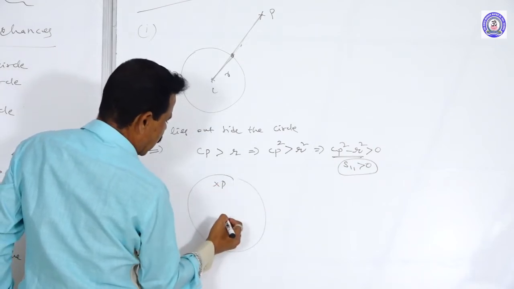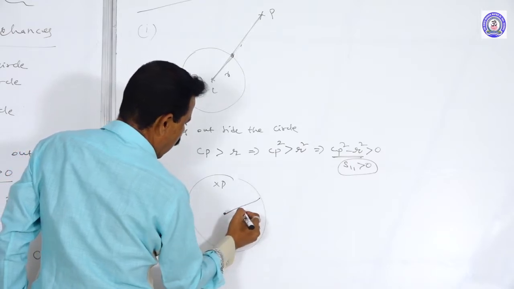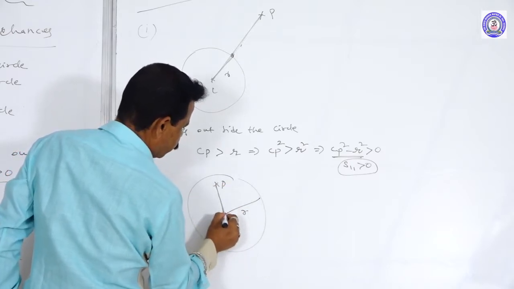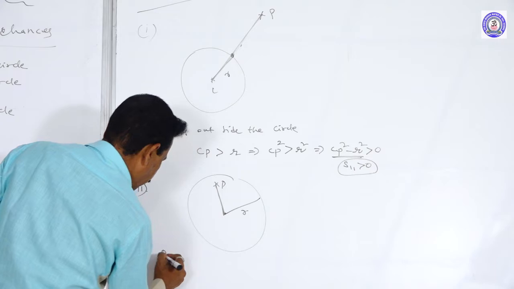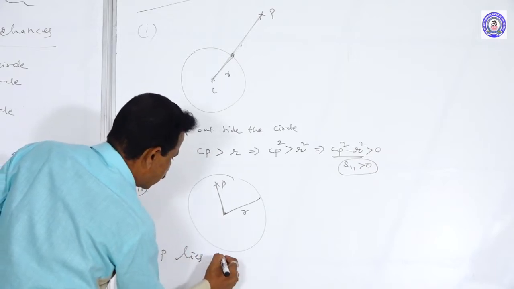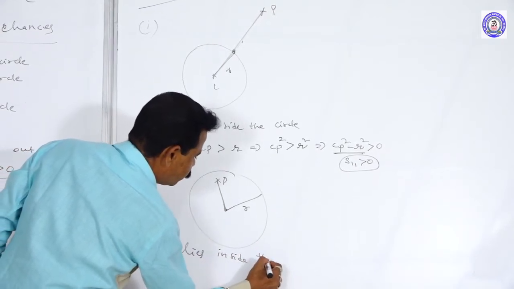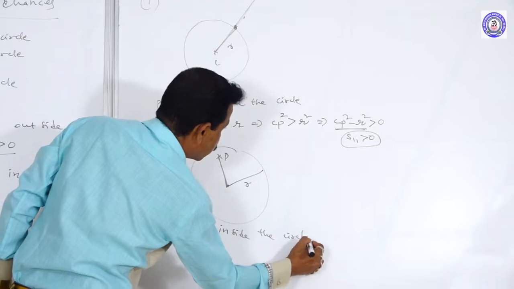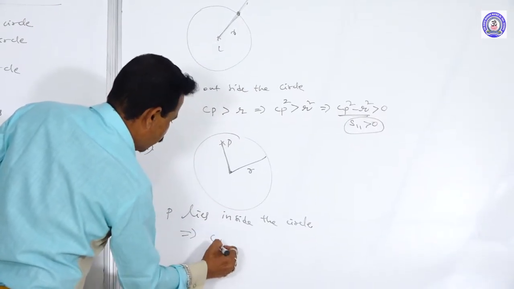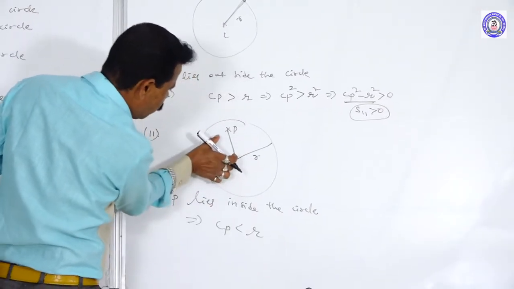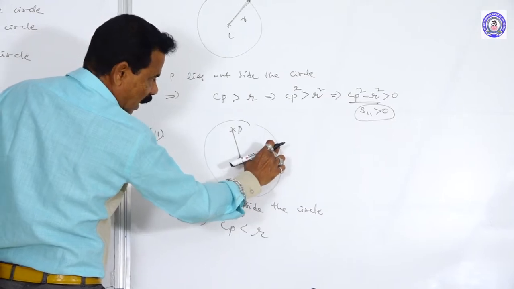Number 2: P lies inside the circle. This is R, this is CP. In this case, P lies inside the circle, then CP < R. CP is the lesser value, R is more.